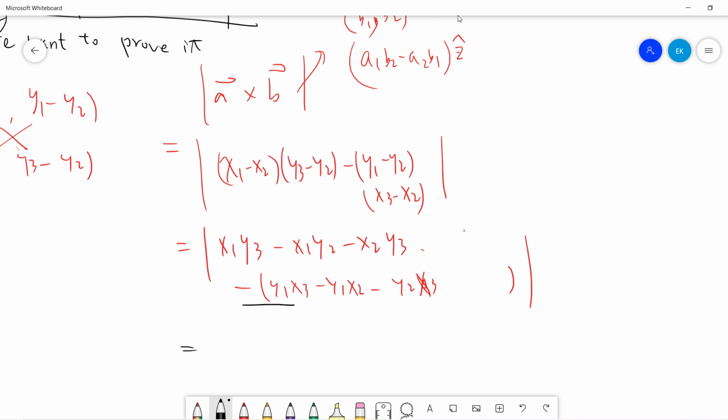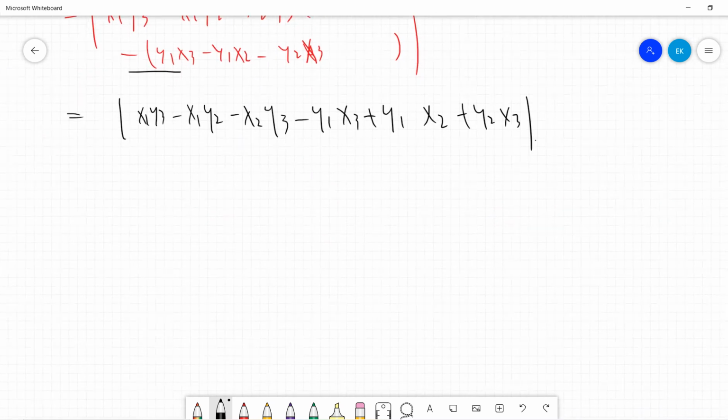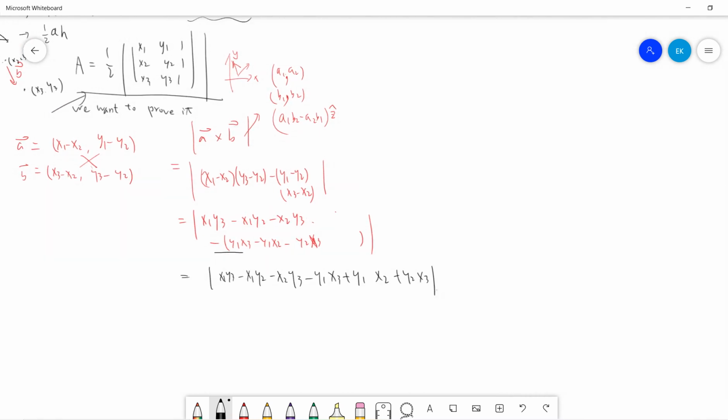Let's open the parentheses and combine. Now everything is clear. This is a cross b, so let's take a half. This is the answer.